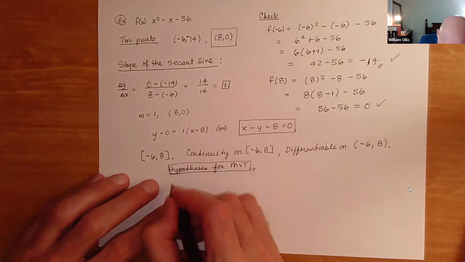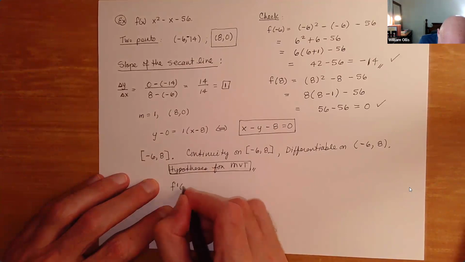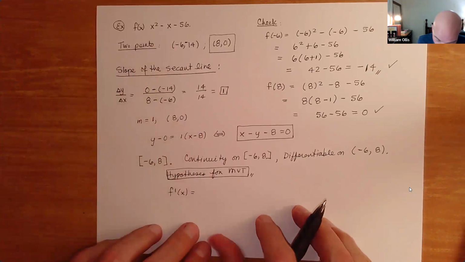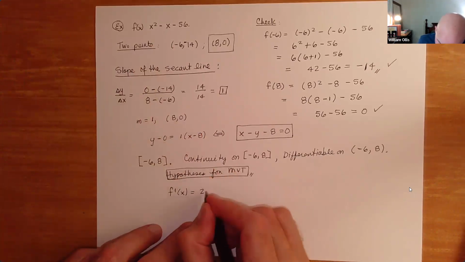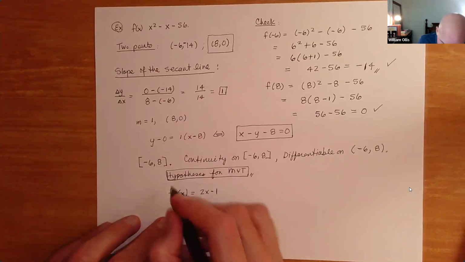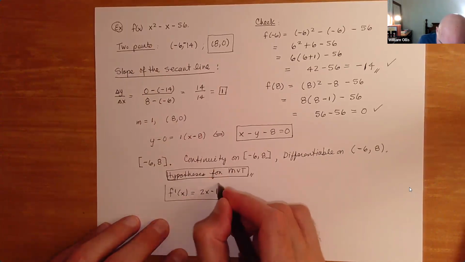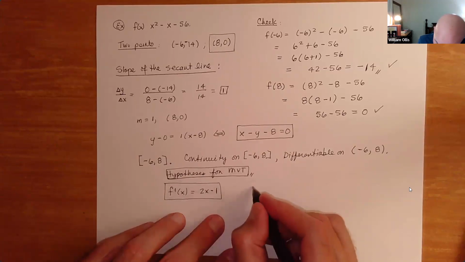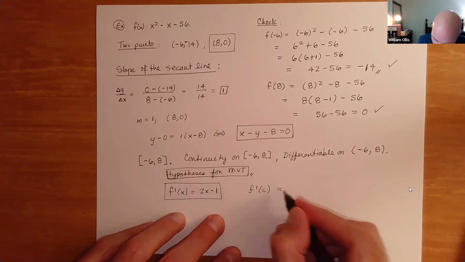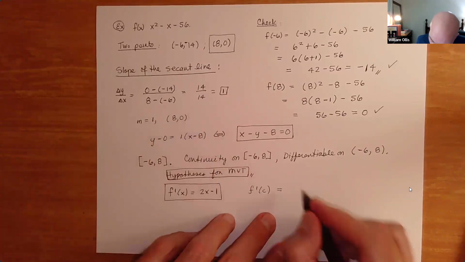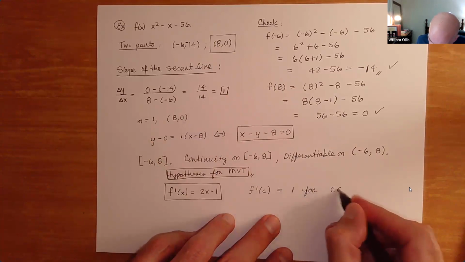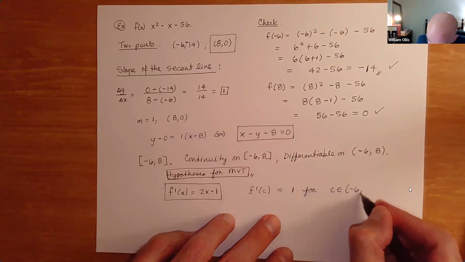So now we can do f prime of x. Just differentiating the polynomial, don't we wish they were all this easy? 2x minus 1. And so now, by the mean value theorem, we'll have f prime of c equals the slope of the secant line for at least one value of c between -6 and 8.